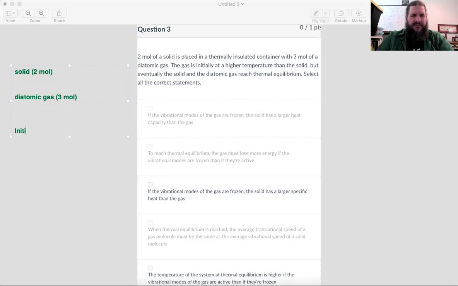And initially, the gas is high temperature, the solid is low temperature, and then finally they reach thermal equilibrium. So they're both at the same temperature. In other words, the gas has lost energy, the solid has gained energy.